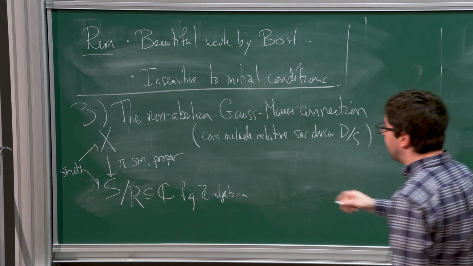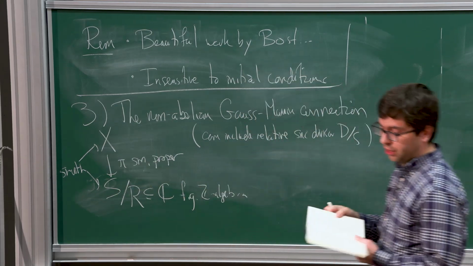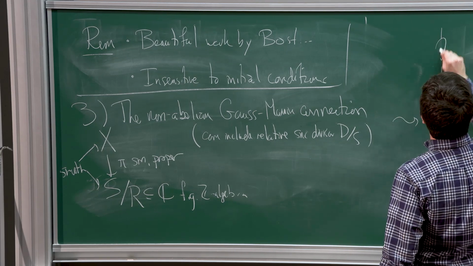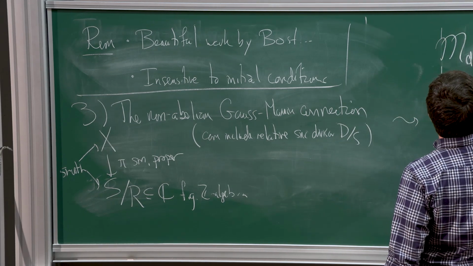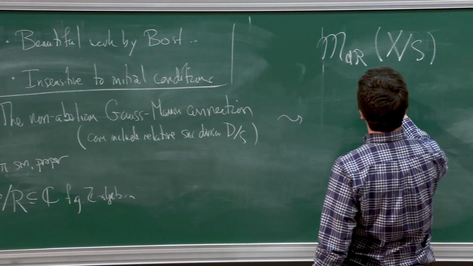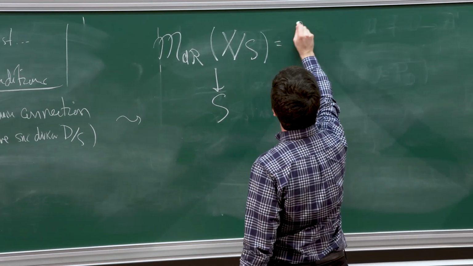Okay, so to this data, one can associate another family over S, which carries a horizontal flat connection. That's called M_dR(X/S) to S. And what is this? Well, I'll write down the points.